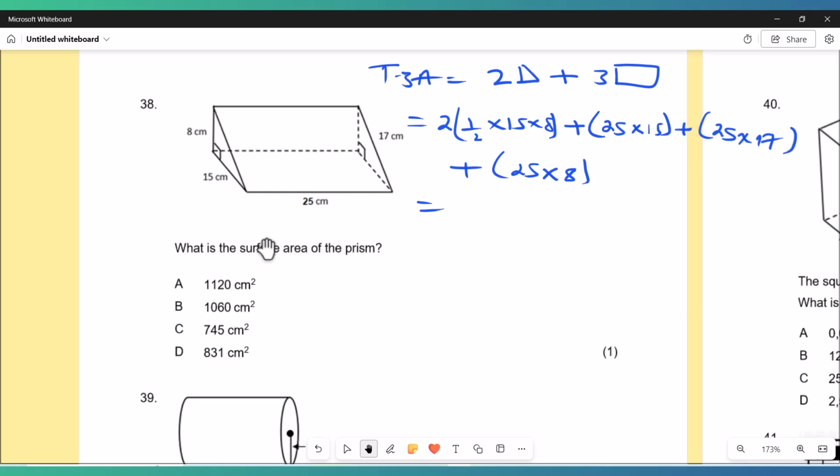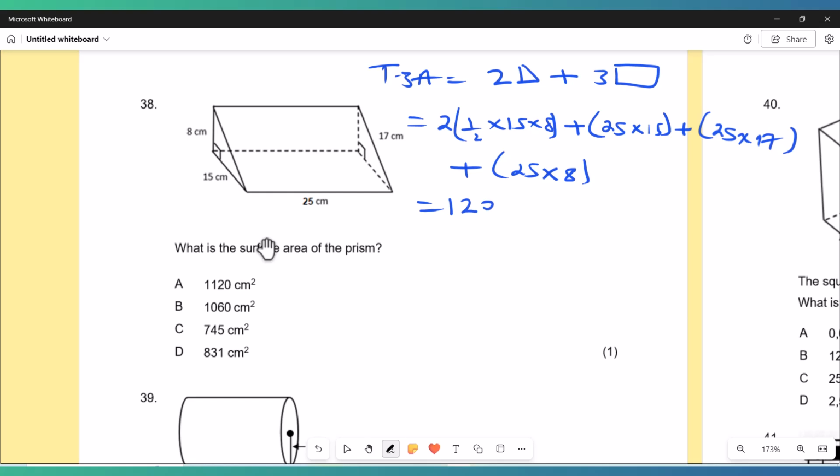Now for the 2 triangles here, you have 2 times open bracket, a half times base, which is 15, times height, which is 8. That gives us 120. So there we have 120 for the 2 opposite triangles.